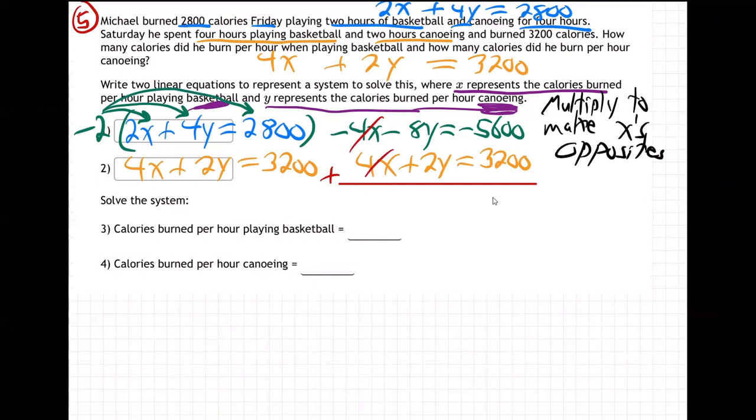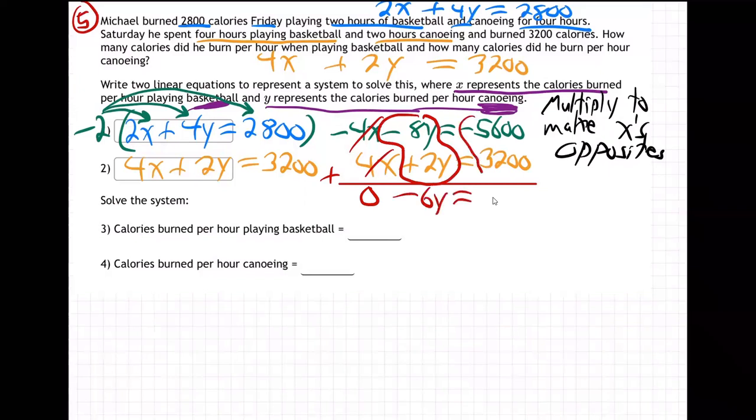Are you tracking with what I'm doing? So I'm doing the method where we multiply to make the X's opposite. So I took that top equation and I multiplied all three of them by -2. That made this -4X, which is the opposite of +4X, so that when I add them, I get a 0. And then what happens here? Well, when these two add right here, 2Y minus 8Y is -6Y.